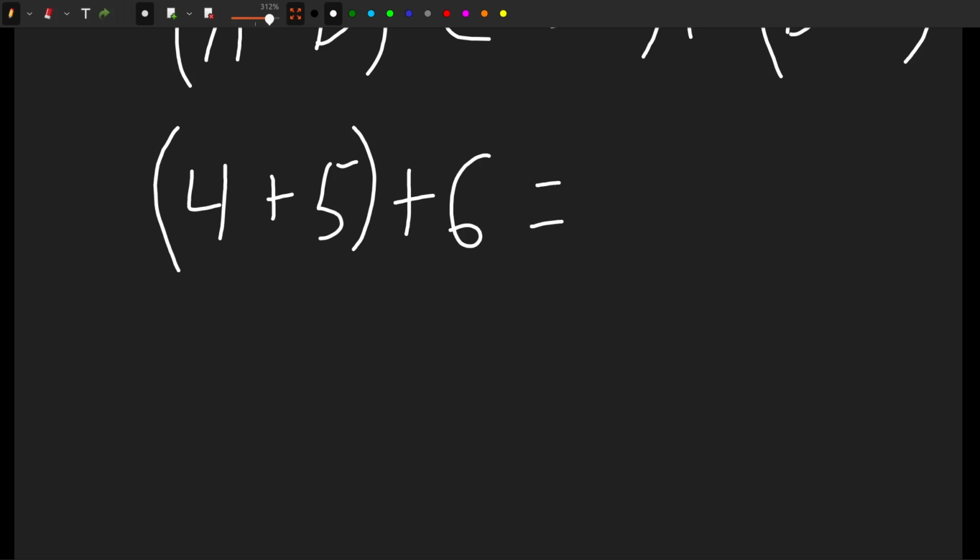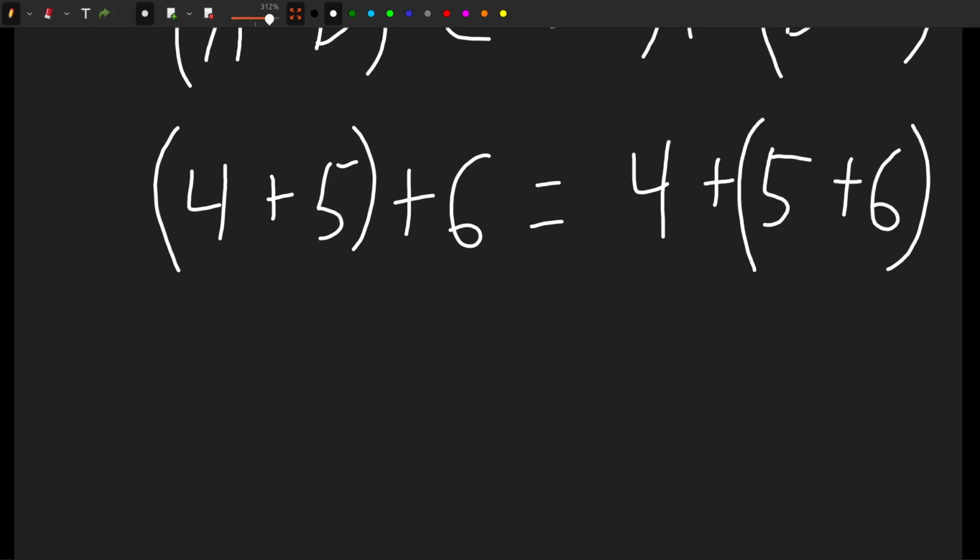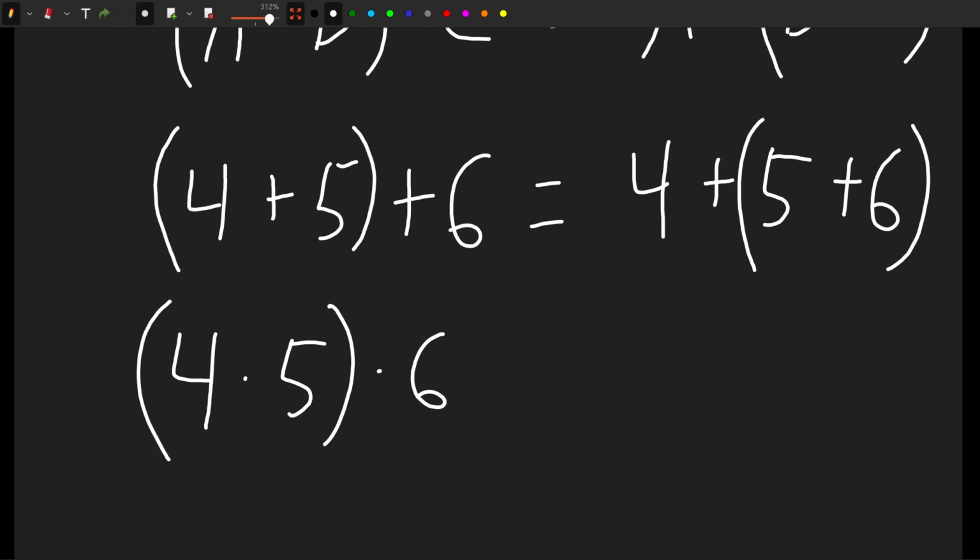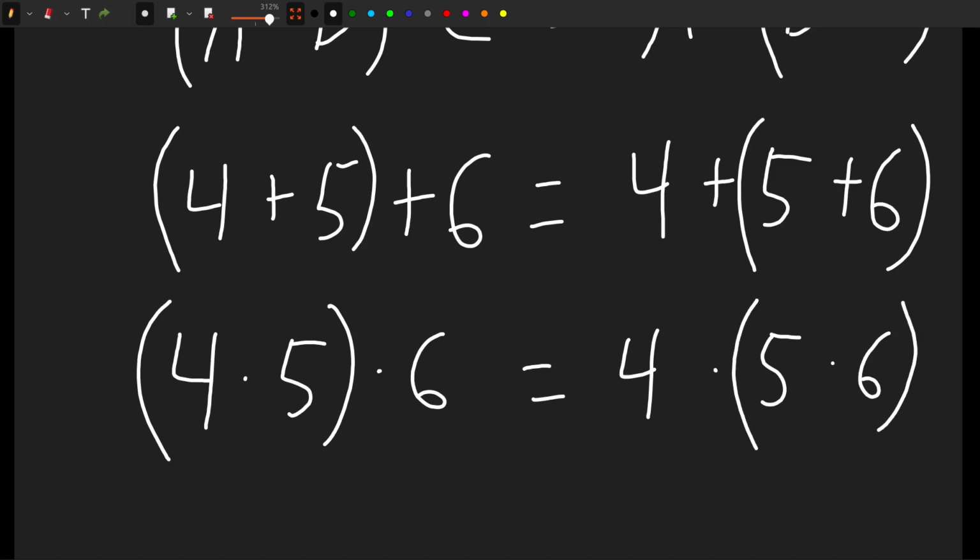That is the same as 4 plus (5 plus 6), where 5 and 6 are now in parentheses. And obviously, if we were to add them together, they would both come out to be 15. And if we were to multiply them, it would be similar. (4 times 5) times 6 is the same as 4 times (5 times 6), where 5 and 6 are in parentheses.